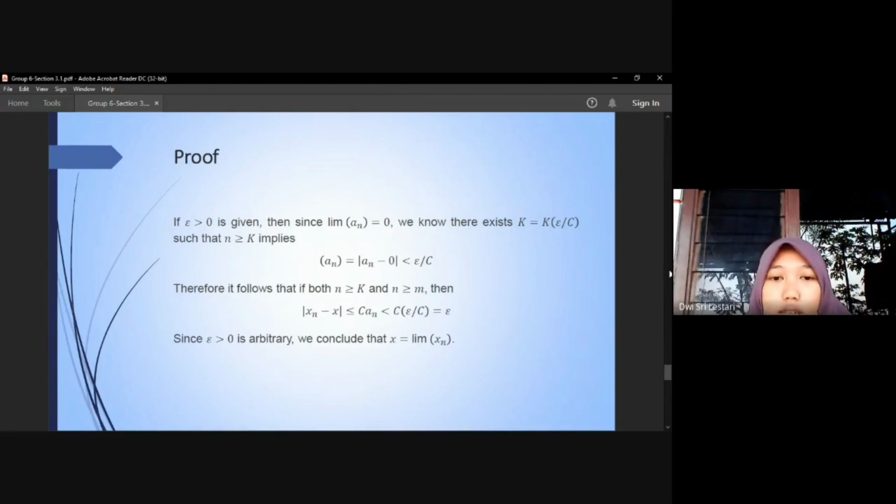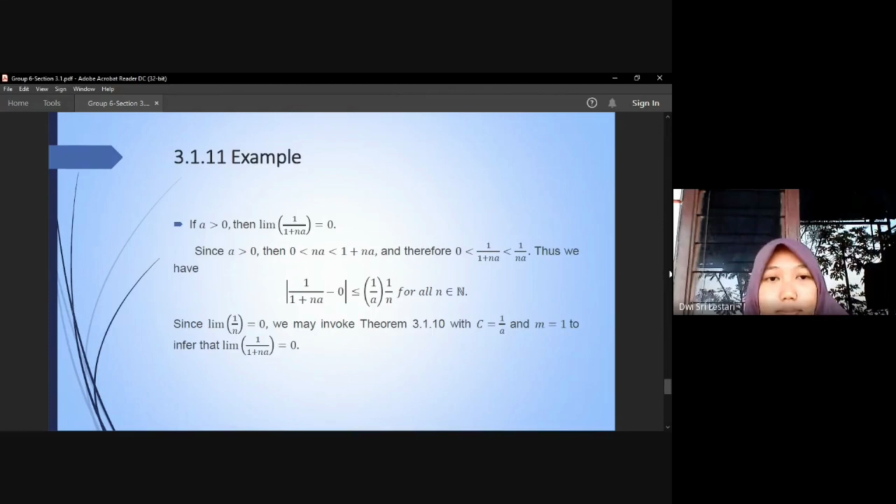Therefore, if both n greater than or equal to K and n greater than or equal to m, then absolute value of xn minus x is less than or equal to c times an, which is less than c times epsilon over c, equal to epsilon. Since epsilon greater than 0 is arbitrary, we conclude that x is the limit of xn.